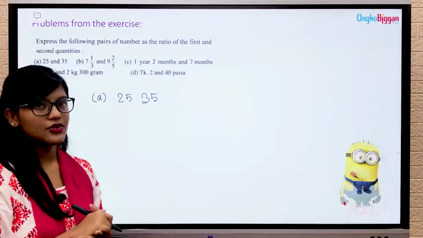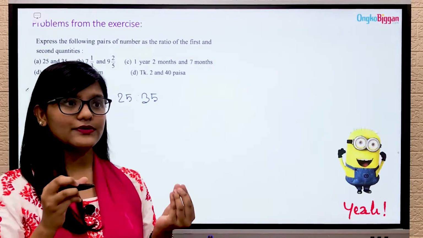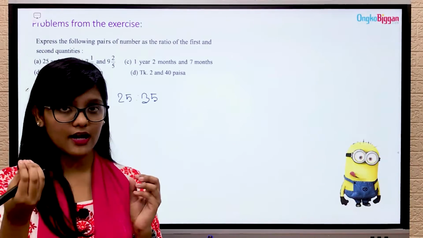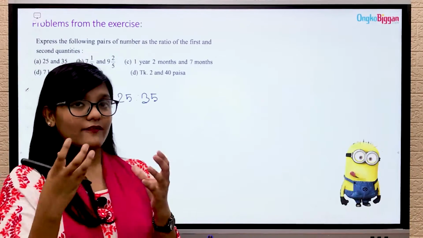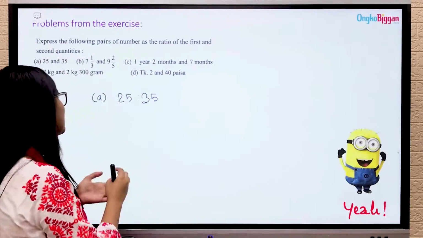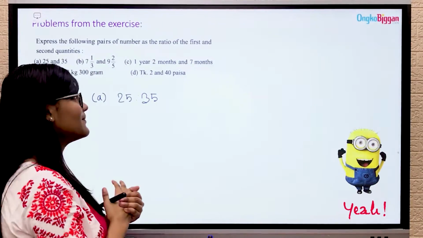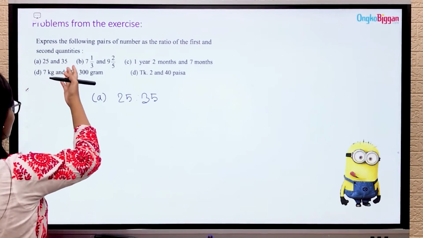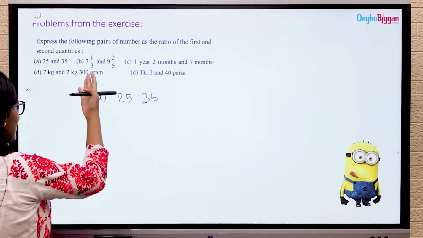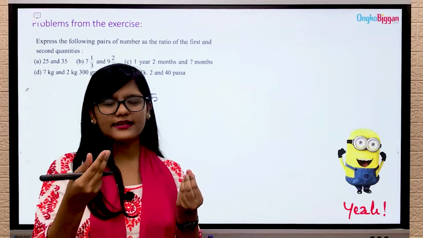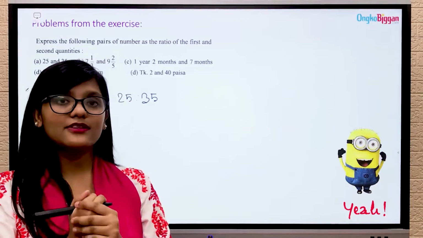In case of ratio, we keep the comparison terms in very small values so that we can remember. If we just keep 25 is to 35, it's wise to take the difference, 35 minus 25, that is 10. But in the ratio, we need to deal with the smallest possible term.